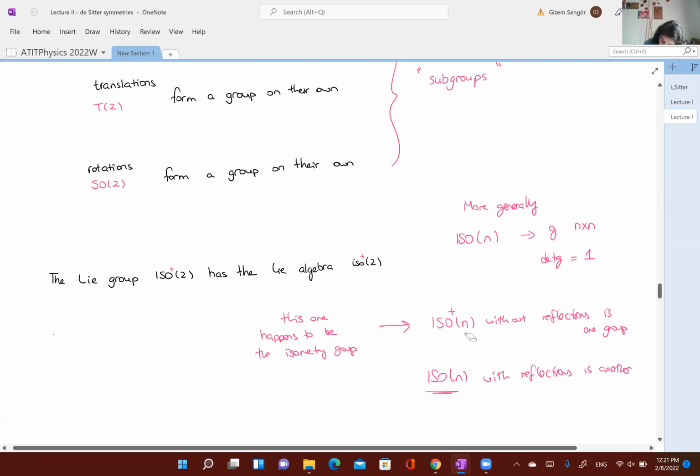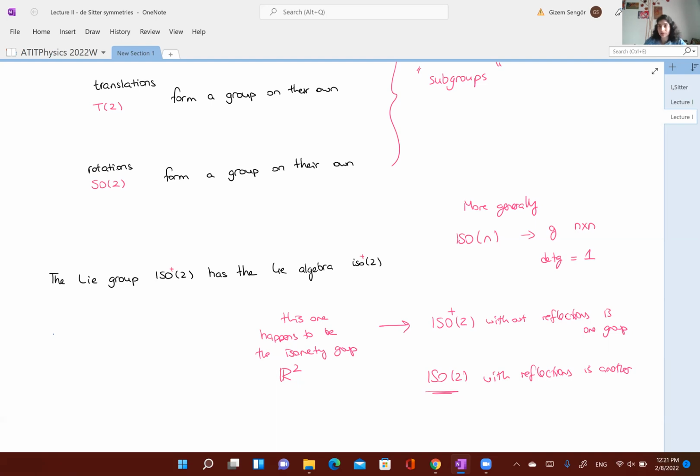Okay, let's go back to our two-dimensional example because we calculated it explicitly, so we know of R2. Because reflections gave an overall minus sign. Reflections on their own are a group, and that's in fact the first group you come across because it's the simplest.